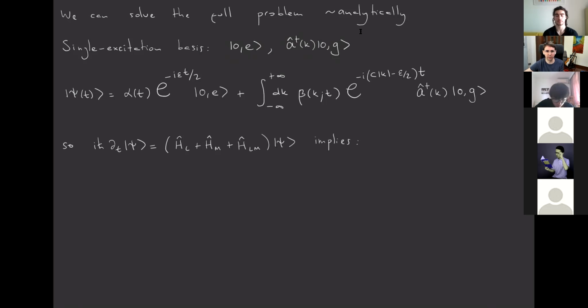You can see very easily, like you already did in one exercise, but for a single mode instead of a continuum of modes, but it's the same kind of derivation, that this Schrodinger equation leads to an evolution equation for alpha and beta that looks like this.